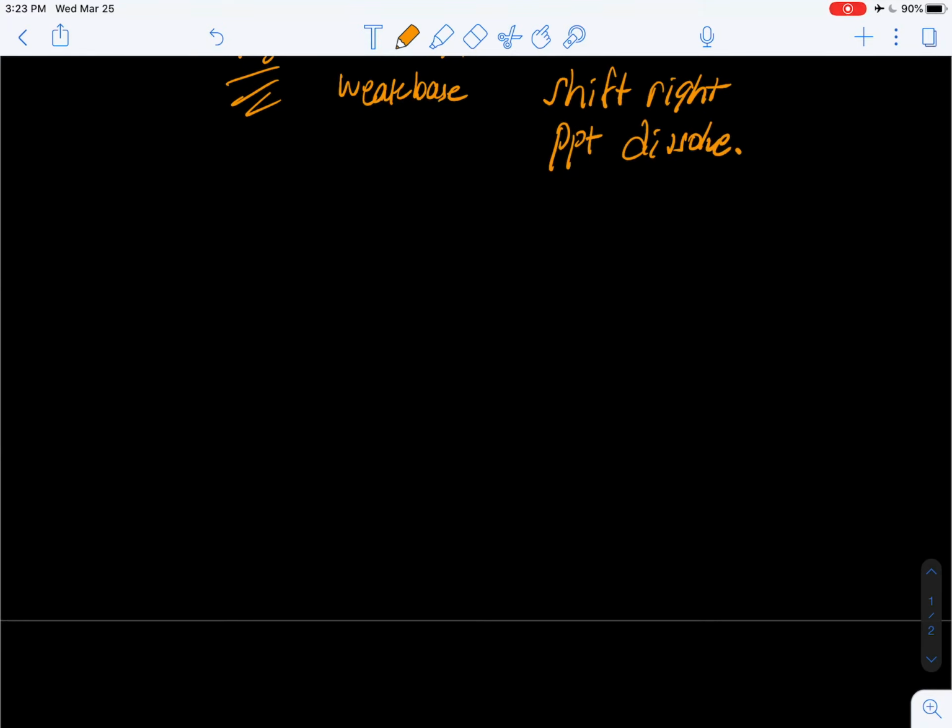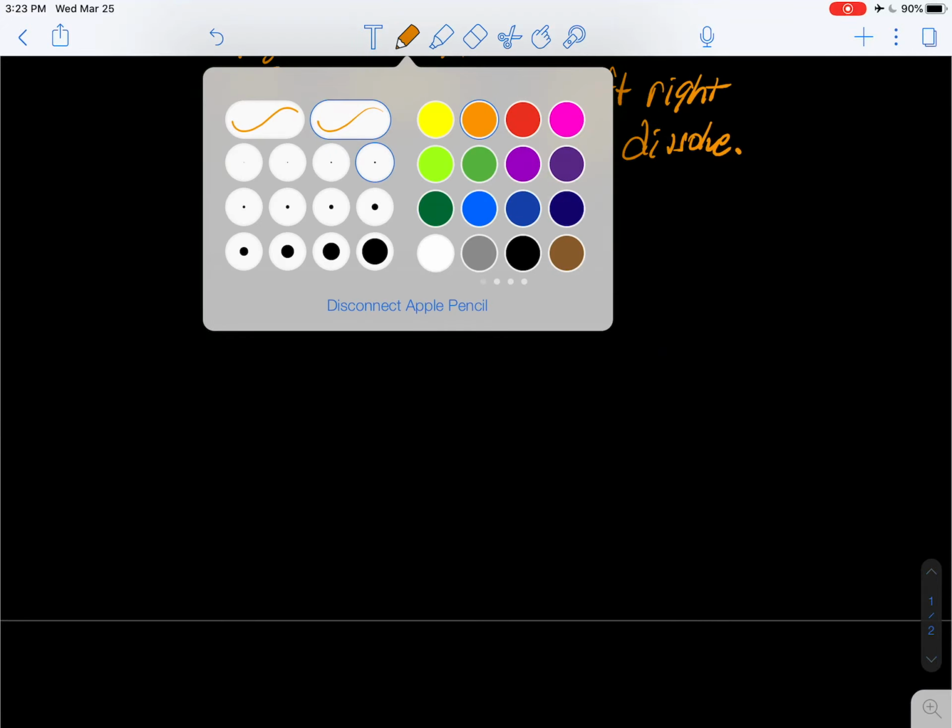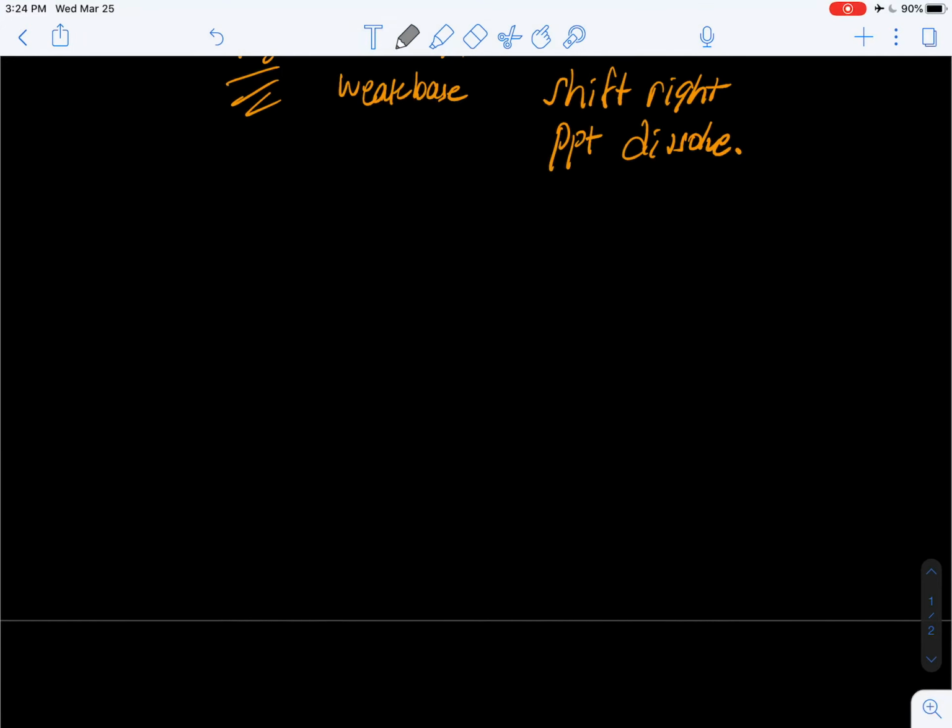Okay, so let's do a problem here. What is the silver ion concentration in a 0.1 molar chloride solution?